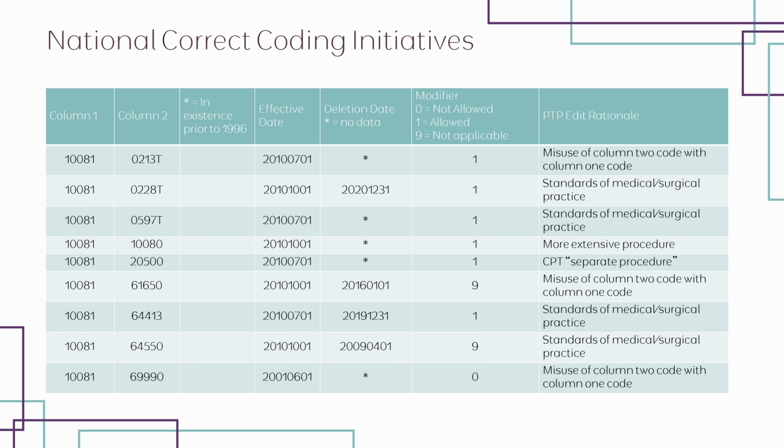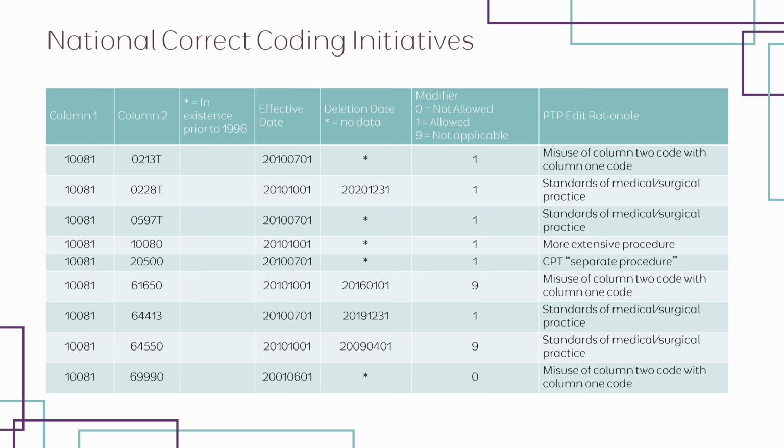If the indicator is 1, it means that a modifier is allowed, and if it is used correctly, it will allow the edit to be bypassed. If the indicator is a 9, this means that the use of modifiers is not specified.